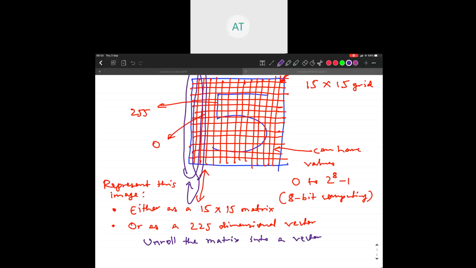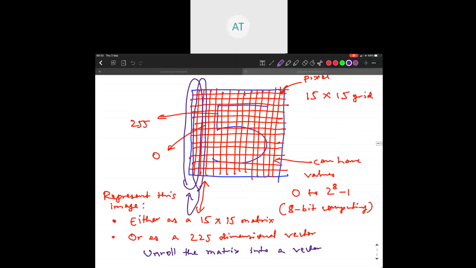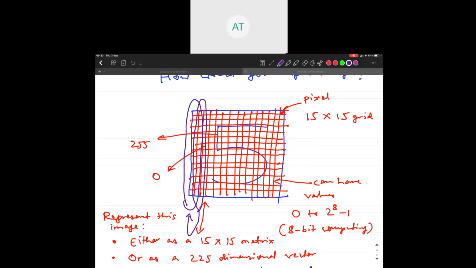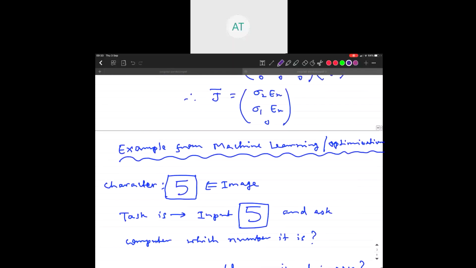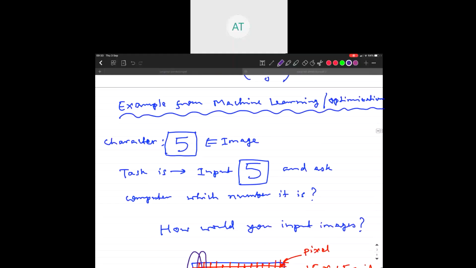So therefore, this is how quantities like vectors and matrices enter, even when we are trying to do machine learning or an optimization problem. So an optimization problem could be formulated as, so suppose you have a test data set.